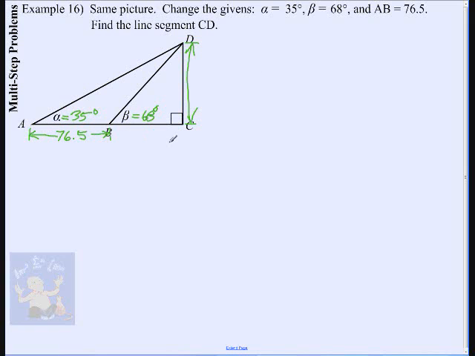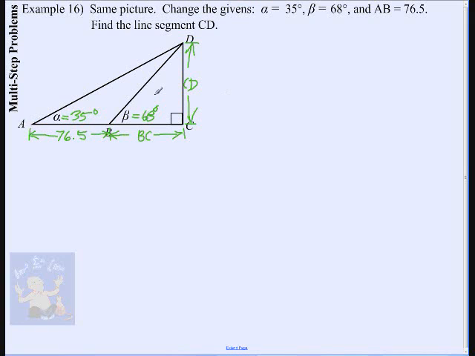Let's call this distance here BC, and this distance here we're going to call CD.